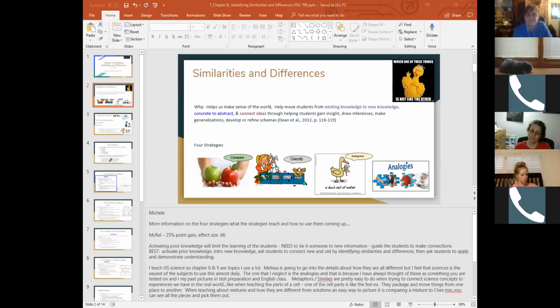I think it's probably harder, from my perspective, to use every day in maybe math. I was trying to think of different ways you could use it, and I think I'd have more of a problem with math doing this, but I can see how it can be done in English and history. And I know analogies, up until I was reading the chapter, I kind of left that, and that's something they test us on.